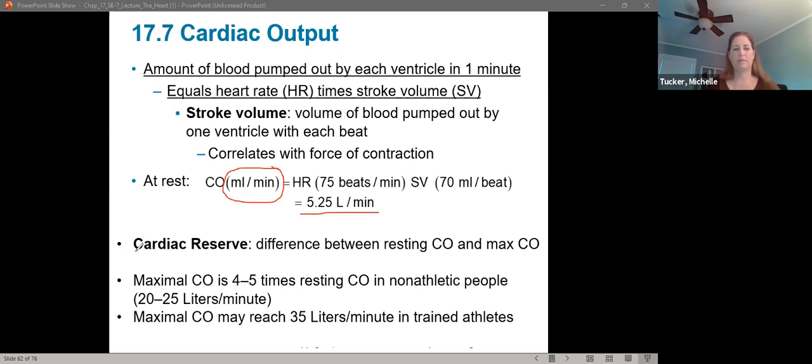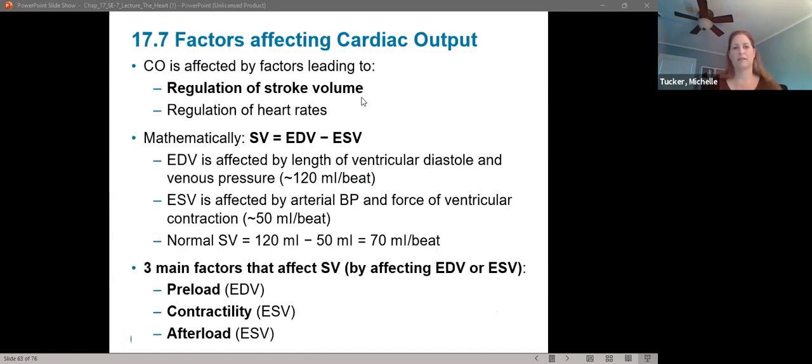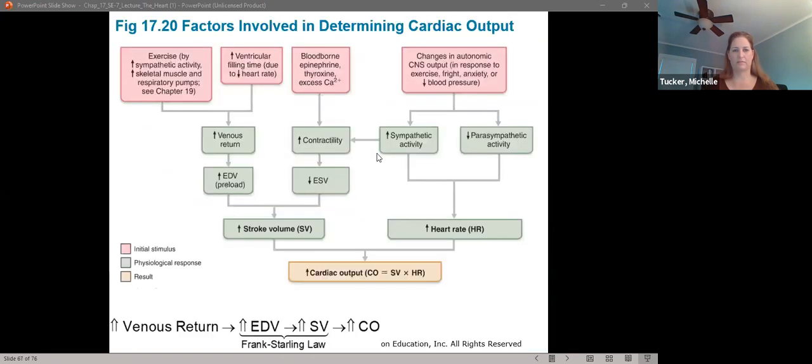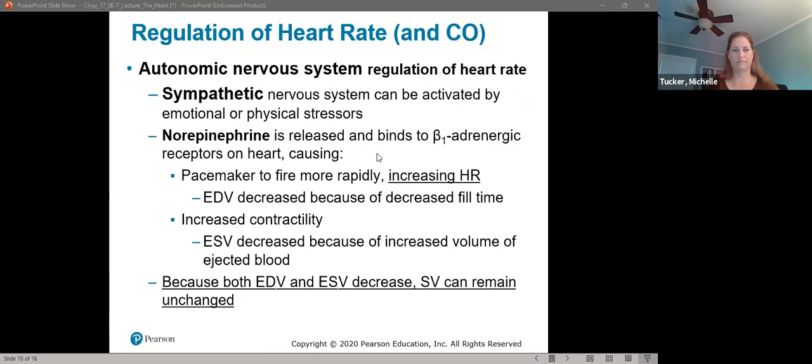So there is quite a bit of cardiac reserve, the difference between resting cardiac output and maximal cardiac output. If we want to increase cardiac output, we either have to increase stroke volume or increase heart rate. And we're going to go to heart rate first because it's more straightforward.